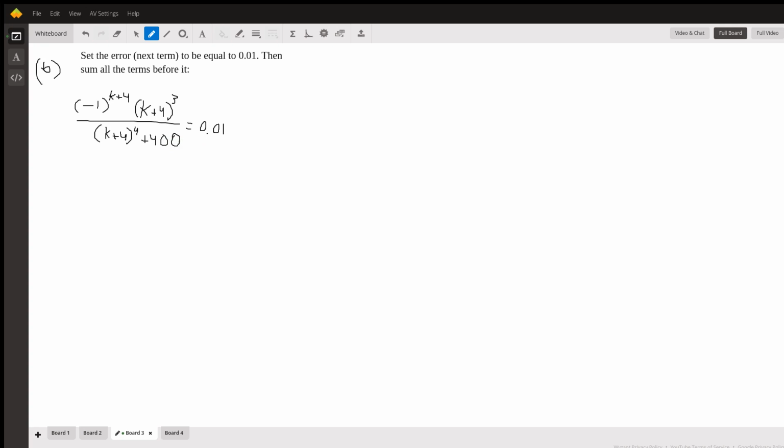We probably could solve this algebraically, but I'm going to use Desmos. I'm going to share my screen. You have to figure out where these two things intersect.